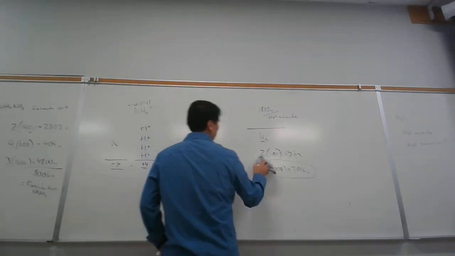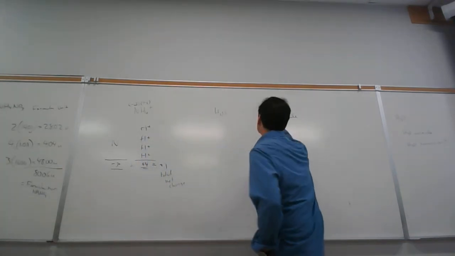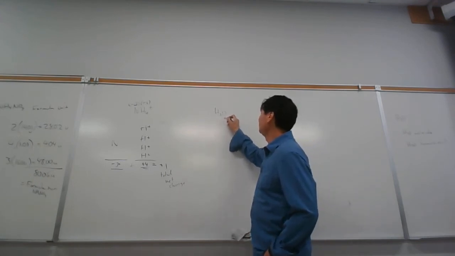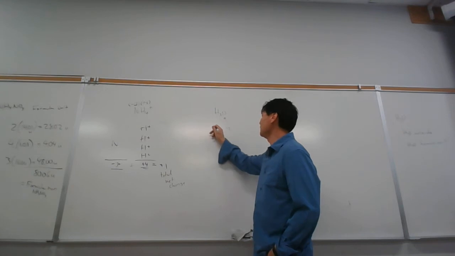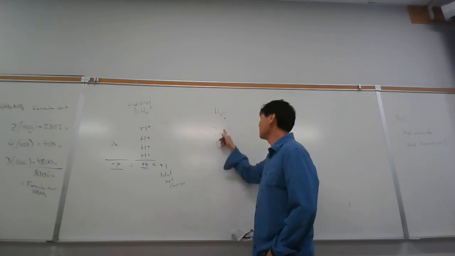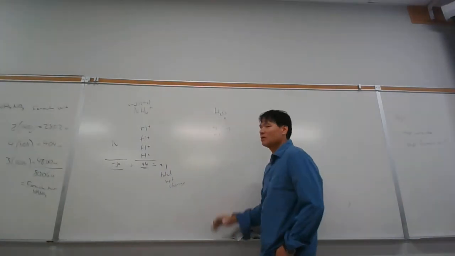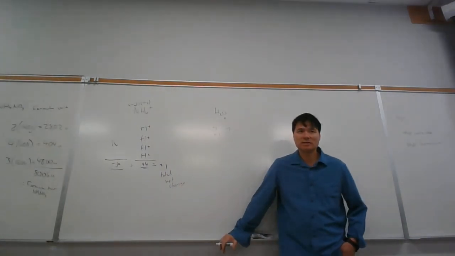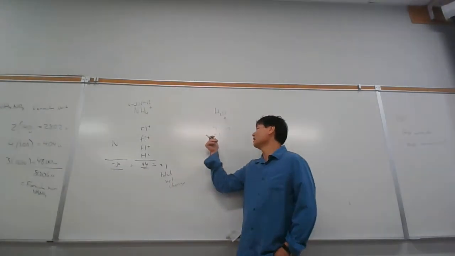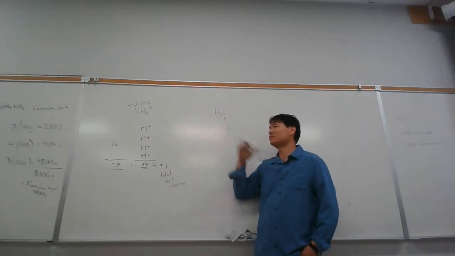What is oxygen in water? Yeah, oxygen likes to be -2. That means hydrogen must be plus 1 on each of them. So we got plus 1, plus 1. Is water very reactive, or is water quite stable? It's stable.